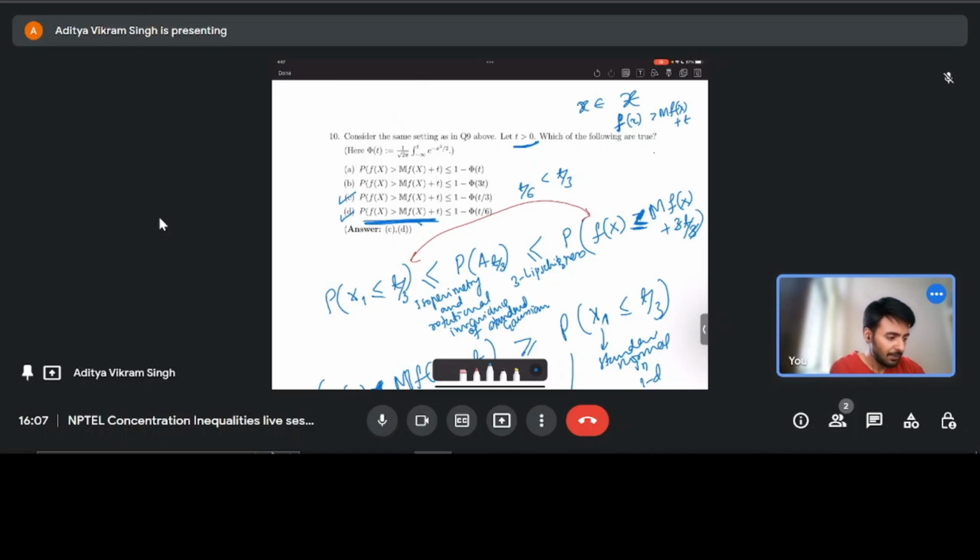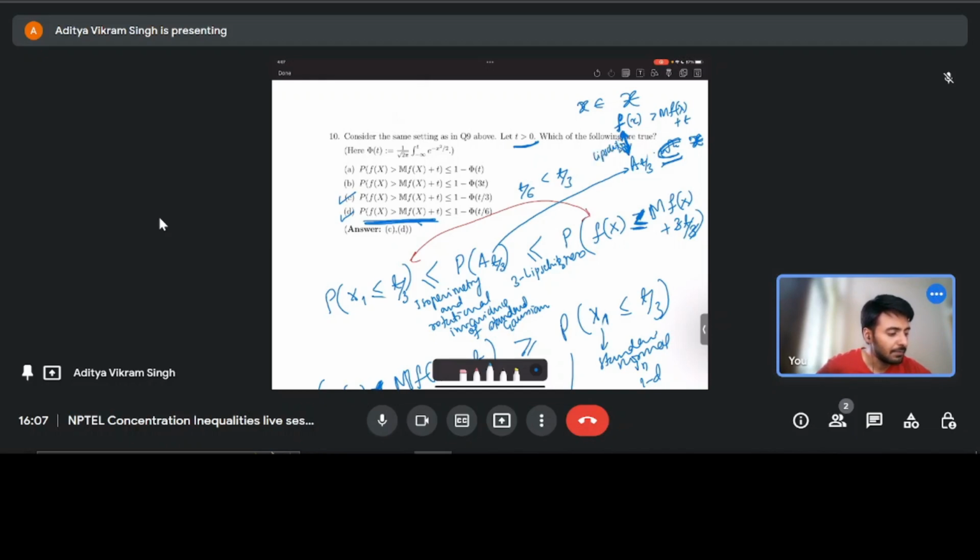But Lipschitzness allows us to relate it to the t/3 blow-up of A, which is a subset of script X. So now we are again in the x domain, and we can use isoperimetry: for any set in X, a half space has the least surface area if X has the Gaussian measure, and so on. So relating this function value to a set in the domain requires Lipschitzness.